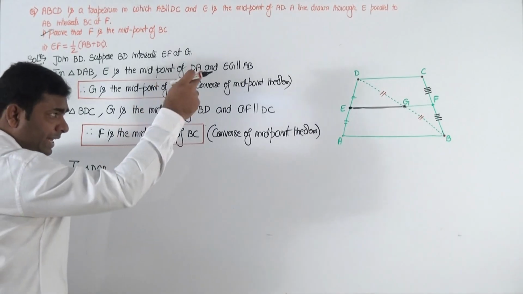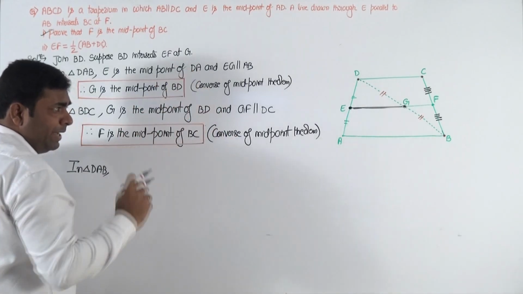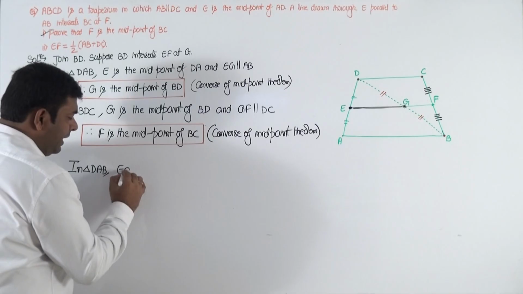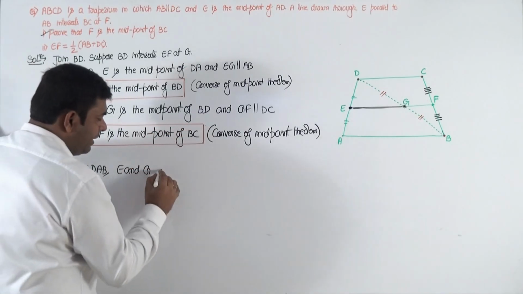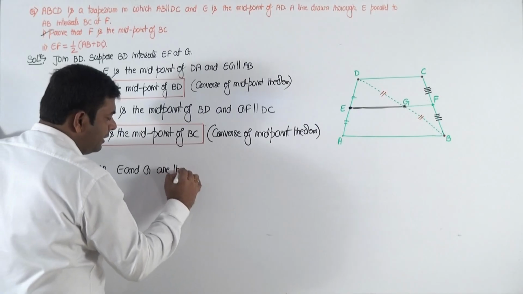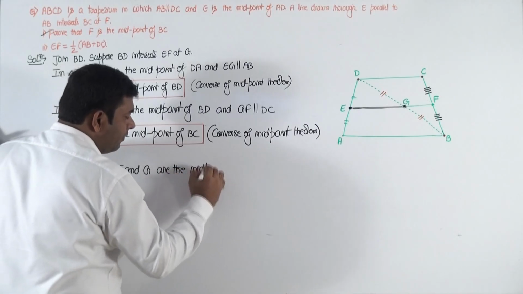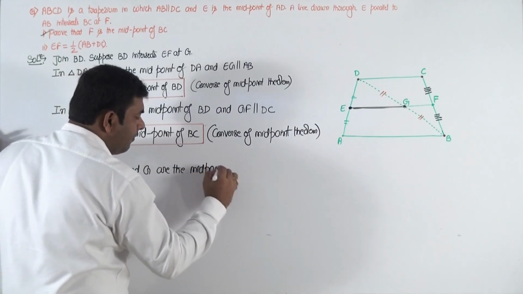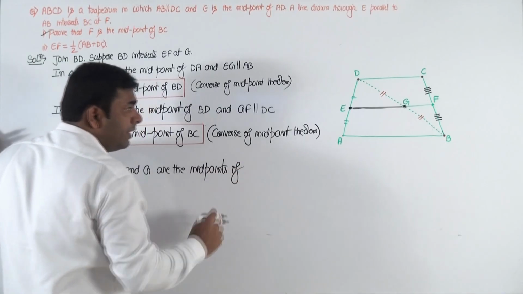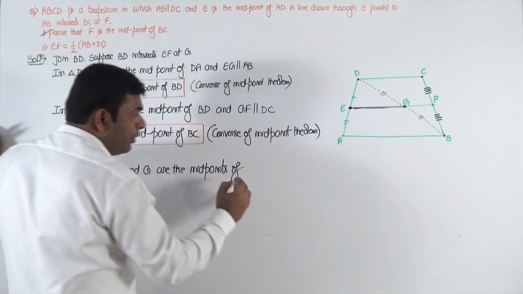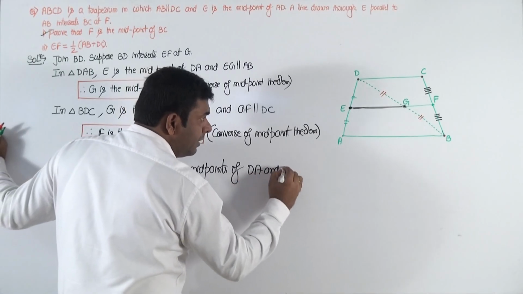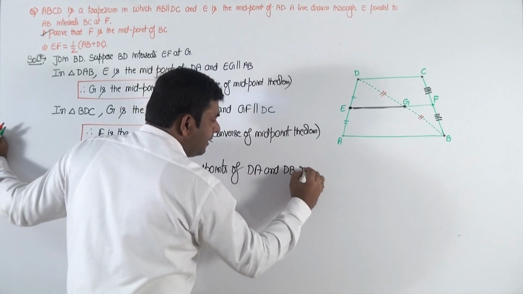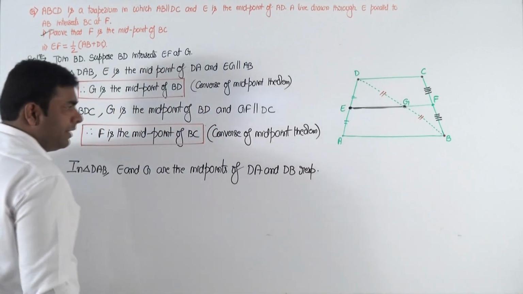So in triangle DAB, इस triangle में E and G are the midpoints of DA and DB respectively.